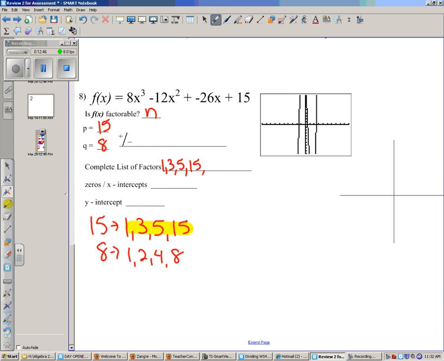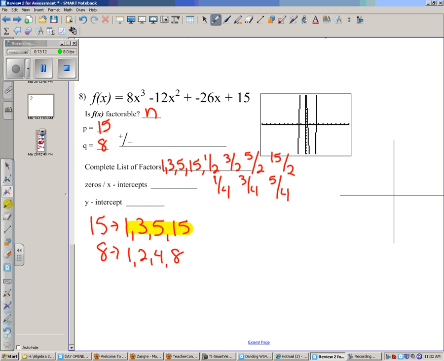When I put them over 2, I'm going to have 1 half, 3 halves, 5 halves, and 15 halves. And then I'm going to put them all over 4. So going down here, I have 1/4, 3/4, 5/4.